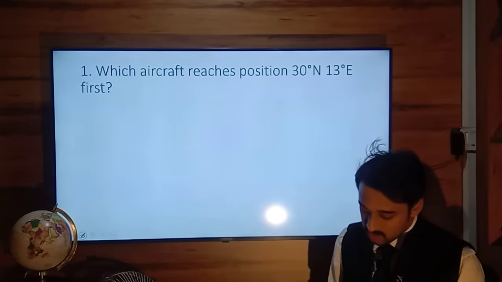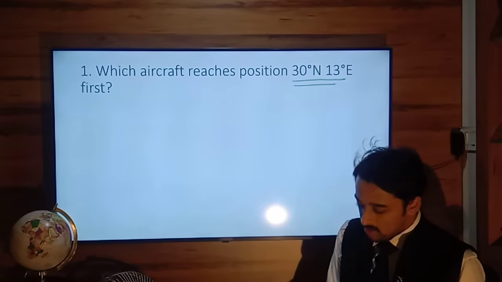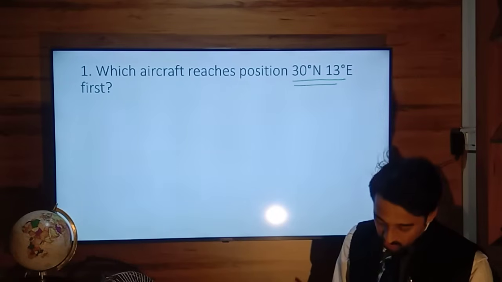Now let's look at the question. Which aircraft reaches position 30 degrees north and 13 degrees east first?